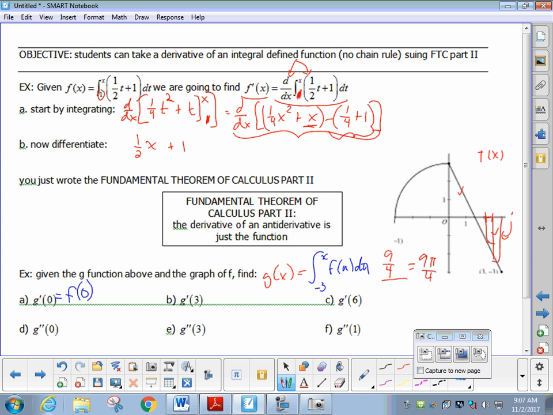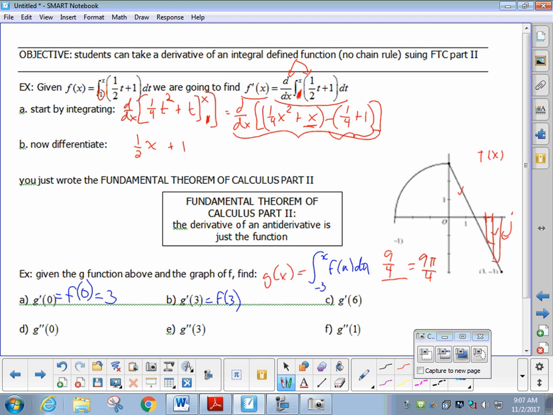What is f at 0 according to the graph? 3. See? Here's the f graph at 0. The graph is at 3. What is g prime at 3? G prime at 3 is equivalent to f of 3, because the derivative of the antiderivative is just the function.